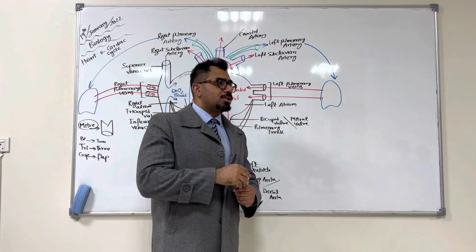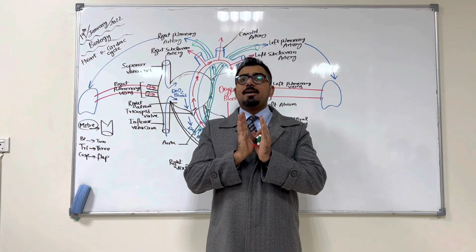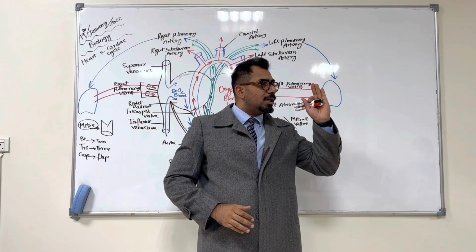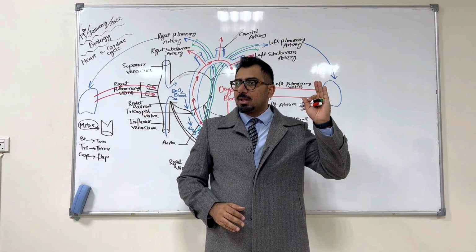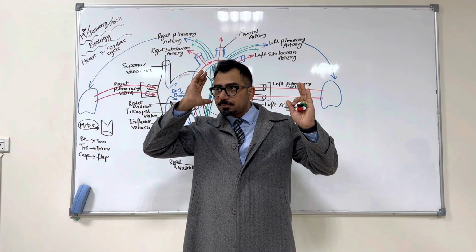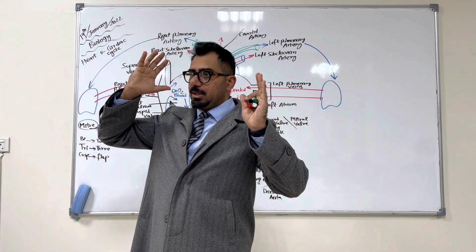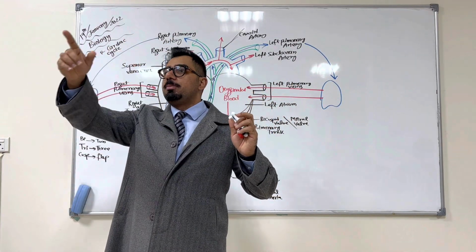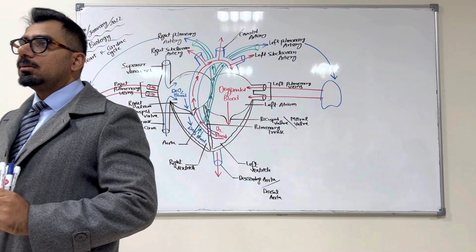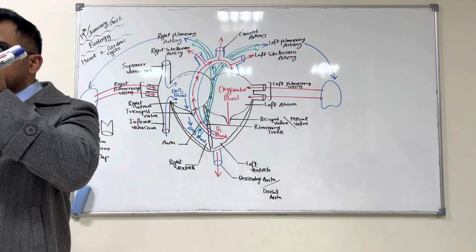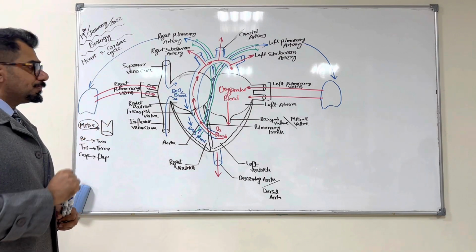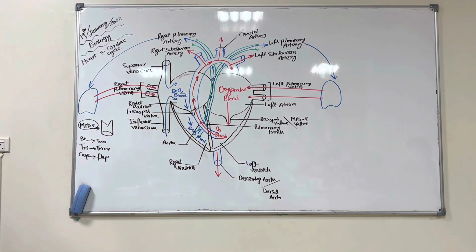Now this carotid artery then divides into two. One goes to the right side and the other goes to the left side of the brain. Eventually, the purpose is to reach the brain, right? Then it will divide over there. Got it? Understood, everyone?